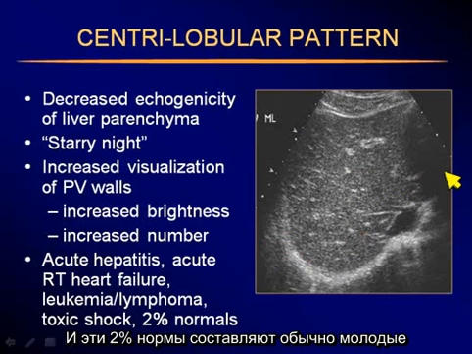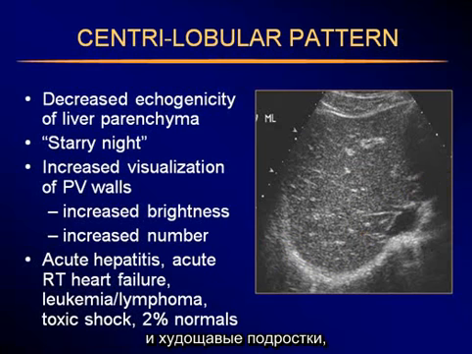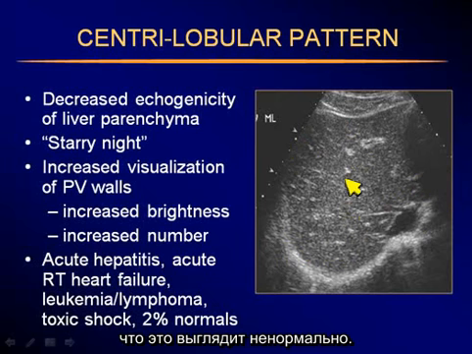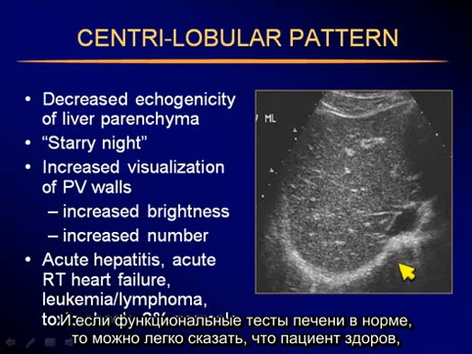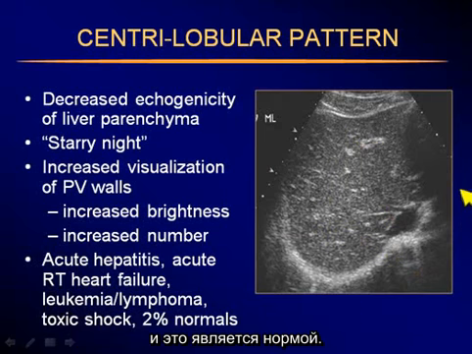And the 2% of normals are usually the young, thin adolescents, maybe 15 to 20 years old. They're so easy to scan and see so well that they look abnormal, and that's easy to tell. The patient is healthy, there's no liver function test abnormalities, so those would be normals.